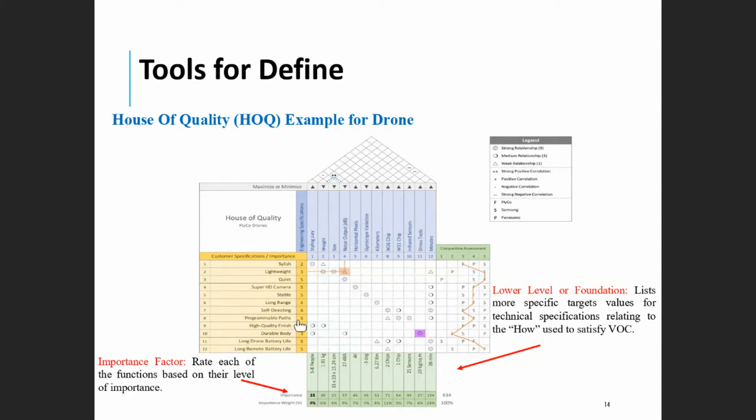You keep doing the same, so we'll take the long battery life here. It has a strong relation with the minutes, which means the design requirement of how many minutes the battery will serve, for both the drone and the remote. That's why it has a strong relationship here.